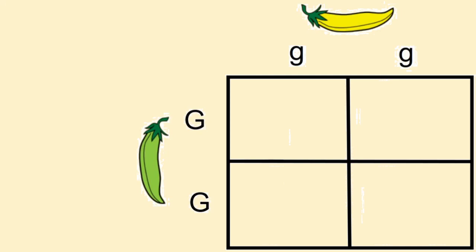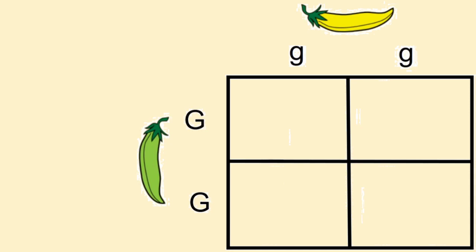So here we have two different kinds of pea pod. The pea pods are either green or yellow. The allele, so the different type of gene, the allele for being a green pea pod is dominant. So when we write down a dominant allele, we write it with a capital letter.